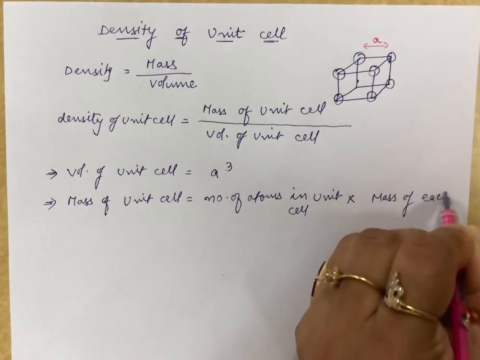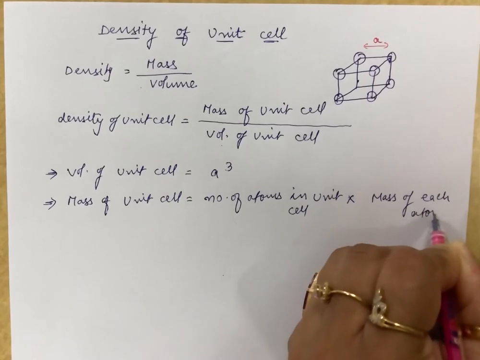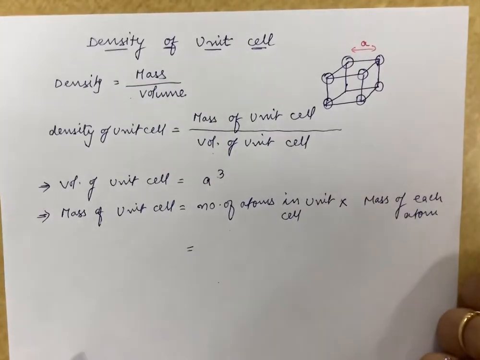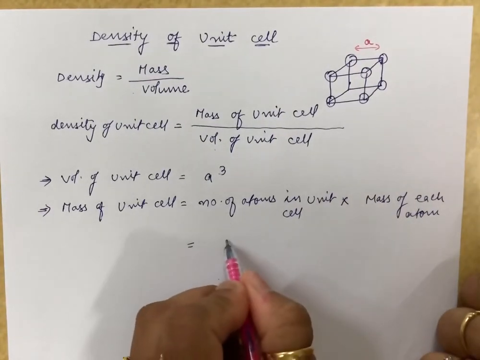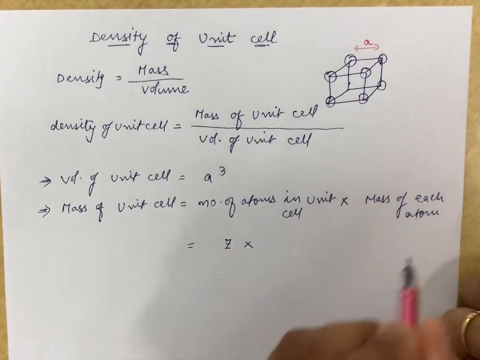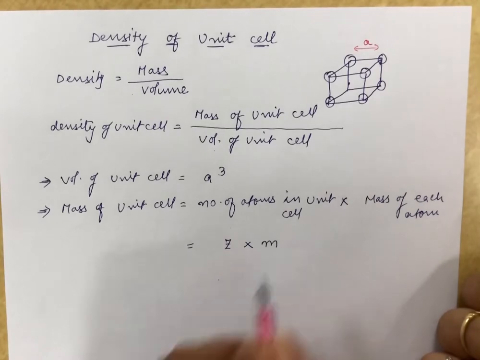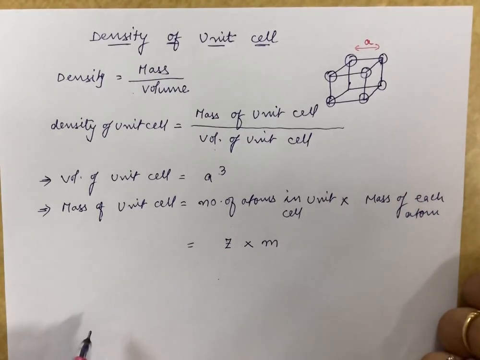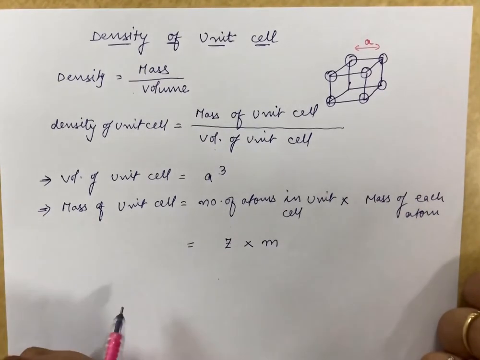Let me write the number of atoms in the unit cell as Z, and let me take mass of each atom as small m. So that will be the mass of your unit cell.